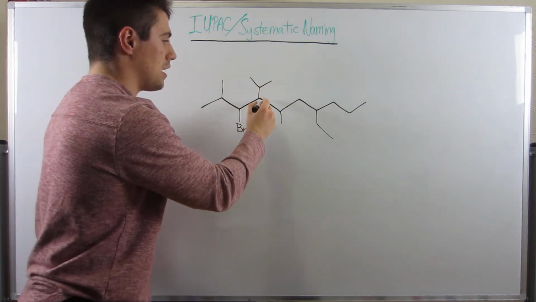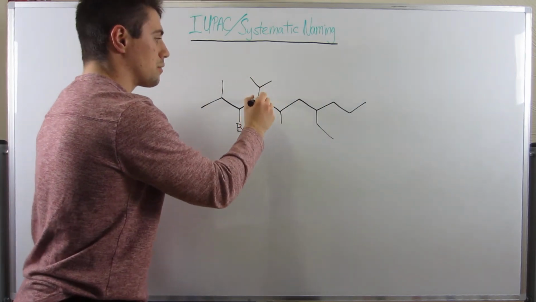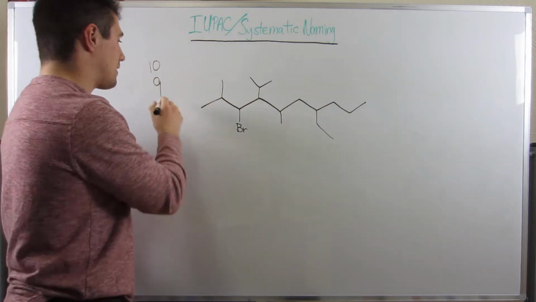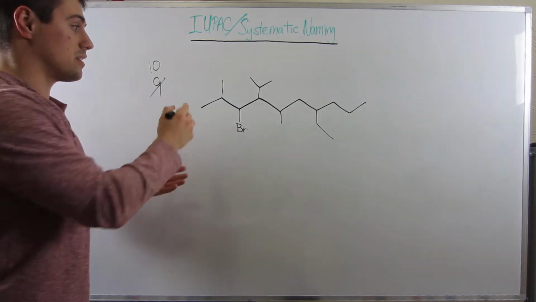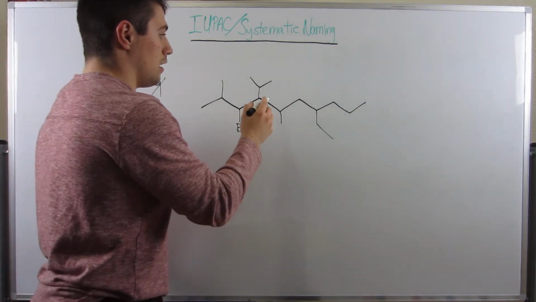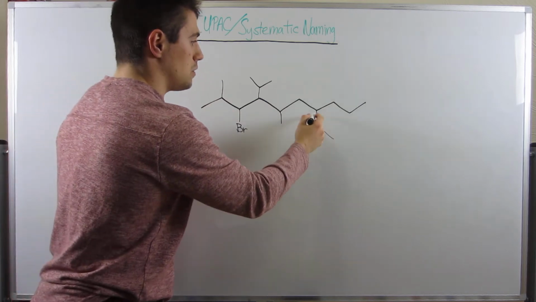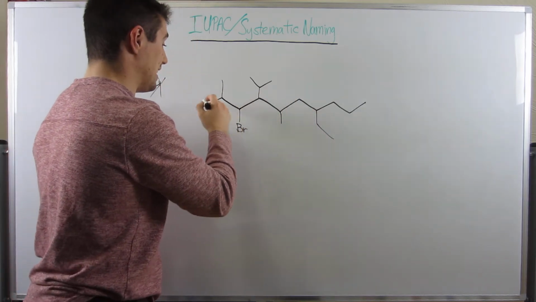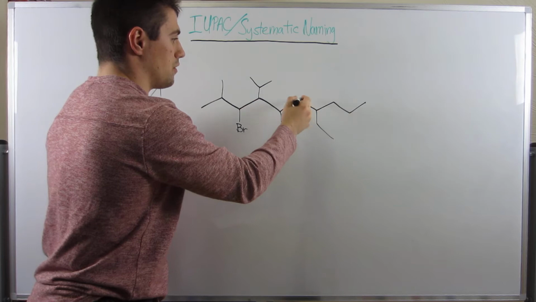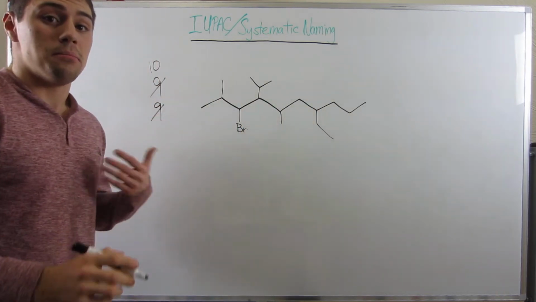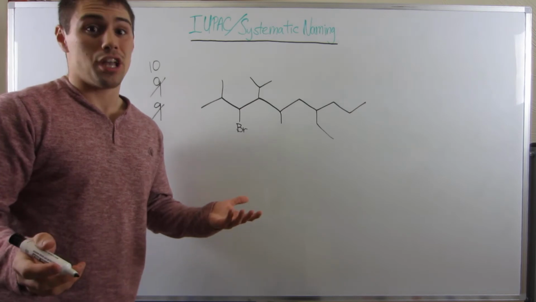Let's go here and this way: 1, 2, 3, 4, 5, 6, 7, 8, 9. So we don't have to worry about that path because 10 is longer. The left to right way is longer. Let's try this way. That looks pretty long. 1, 2, 3, 4, 5, 6, 7, 8, 9, or 1, 2, 3, 4, 5, 6, 7, 8, 9. So while it didn't matter in this case, it's still good to check.